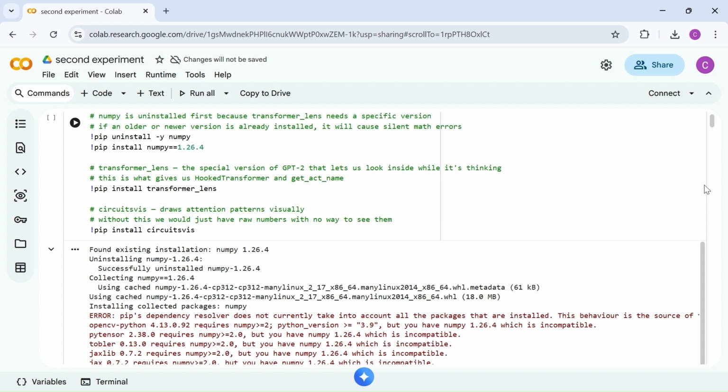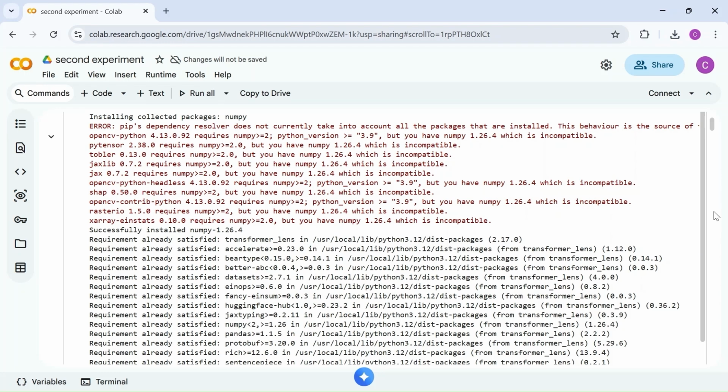We give it text and it gives us an answer, but we do not actually know how it arrived there. So TransformerLens allows us to change that. It lets us access internal signals like layers, attention heads, and activations. Without this tool, we would essentially be blind. Fun fact: TransformerLens was created by Neil Nanda, who leads interpretability research at Google DeepMind.